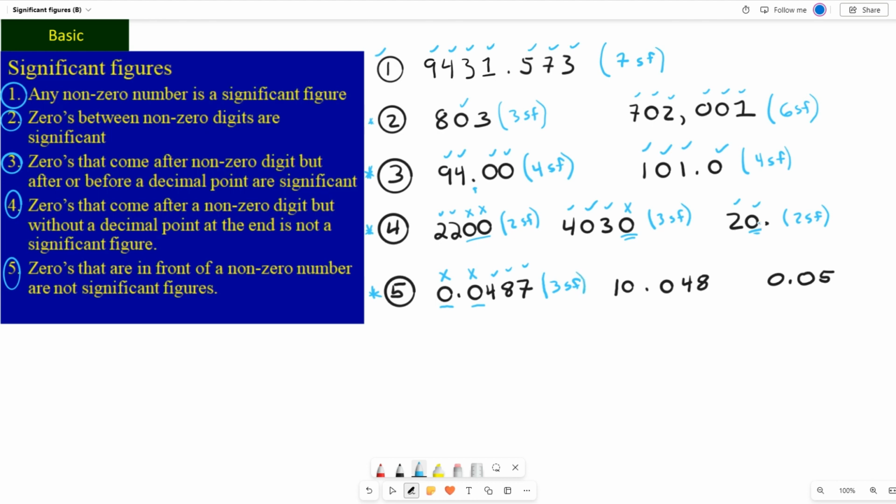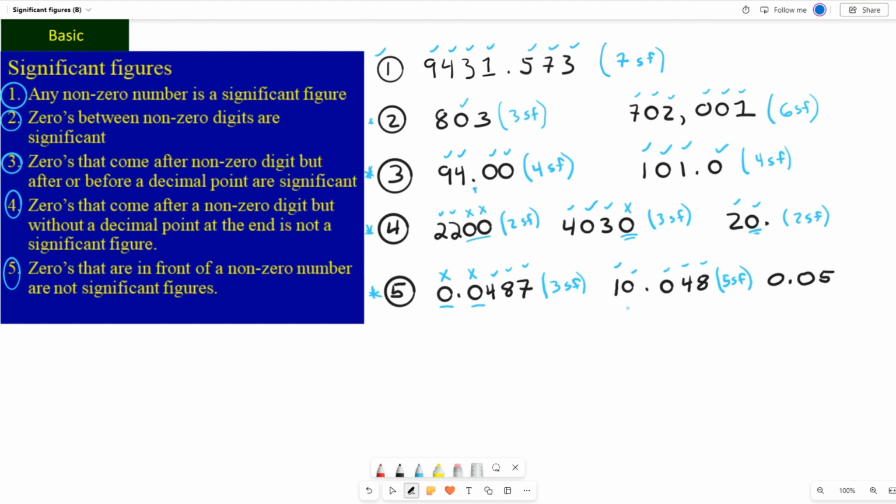We take a look at this next example here, 10.048. In this example, the 1, the 4, and the 8 are significant. There is a decimal. These zeros are in between non-zero numbers, so that makes them significant. So there's a total of 1, 2, 3, 4, 5 significant figures in that number.